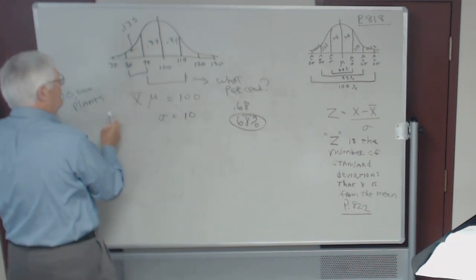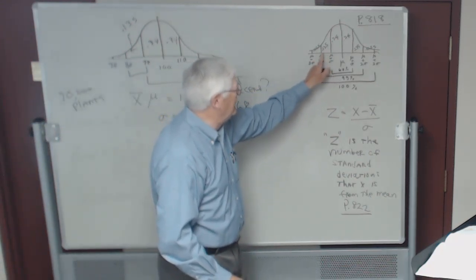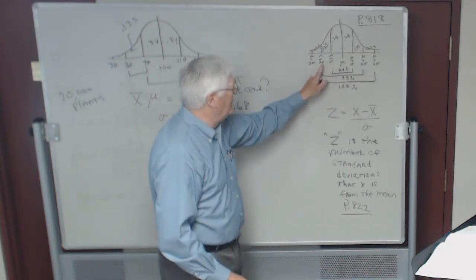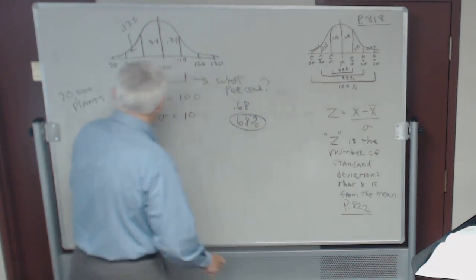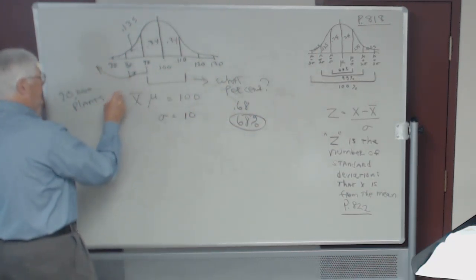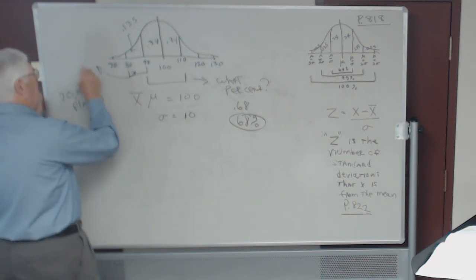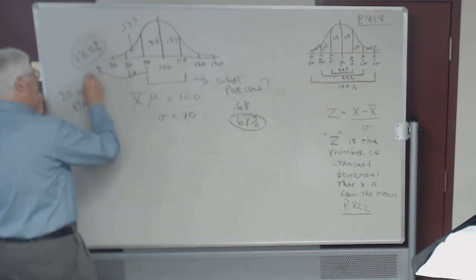Is that right? Yes, 0.135, from 2 standard deviations below to 1, 80 to 90. And what percent would that be? 13.5%.